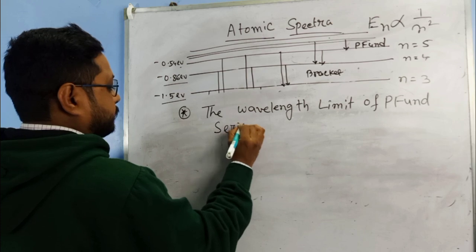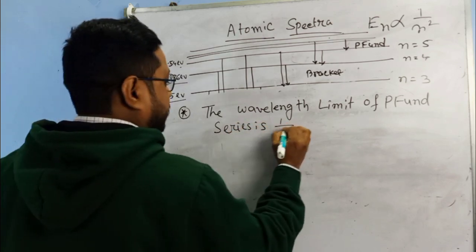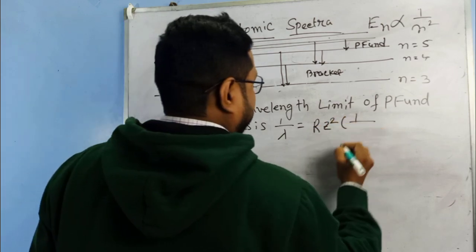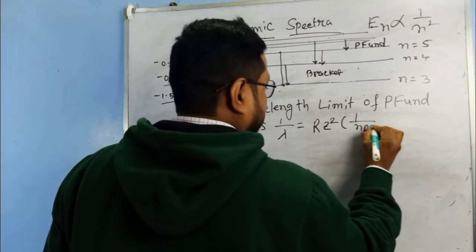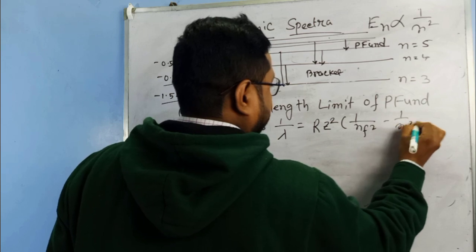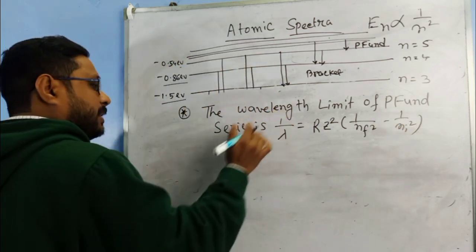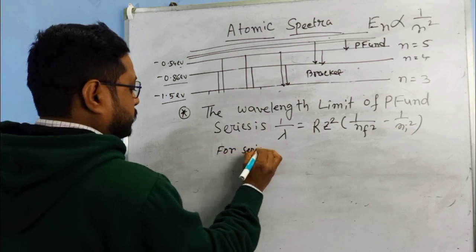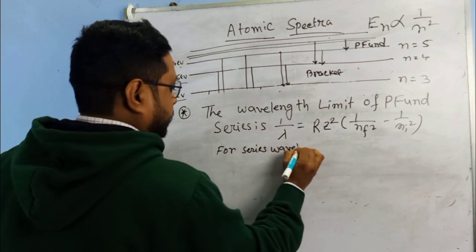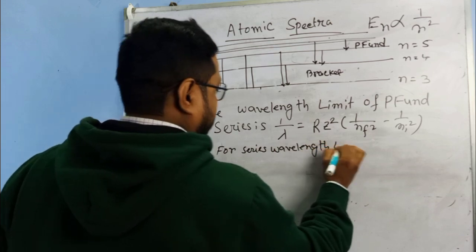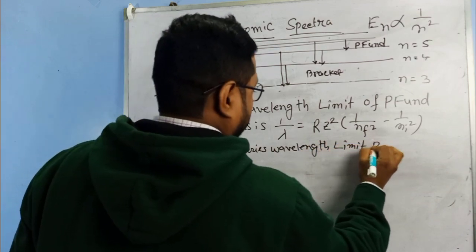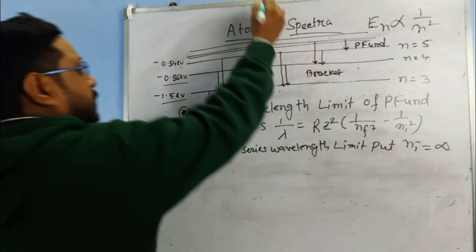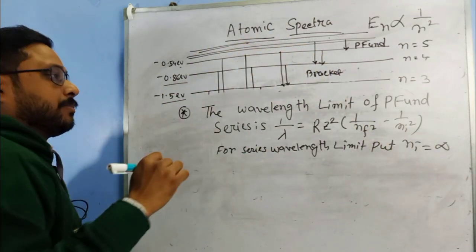of the series is, the value is 1 by lambda equal to R Z square into 1 by nf square minus 1 by ni square. For series limit, for series wavelength limit, put ni equal to infinity, that is, it comes from infinity level to n equal to 5.